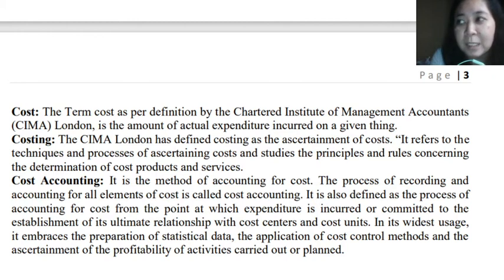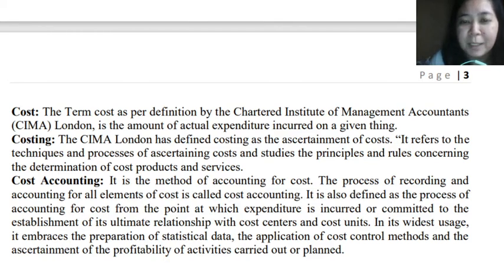Or is a certain transaction or expenditure qualified to be accounted for or recorded? That will be the concern under cost accounting. So cost accounting also is the process of recording and accounting for all the elements of cost.